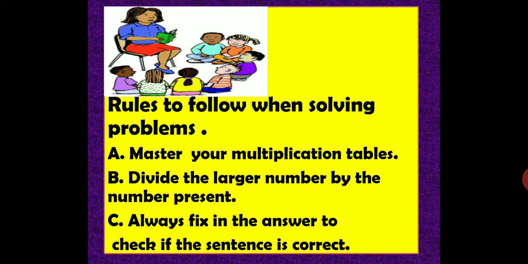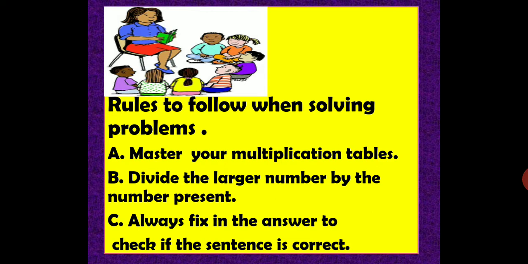First rule here is master your multiplication tables. You remember you always have your multiplication tables all over your classroom, and your teacher always encourages you to study them. One of the rules here is saying you must master your multiplication tables.